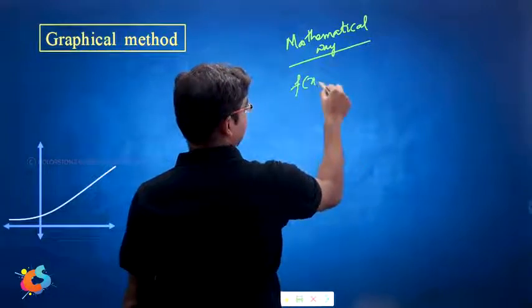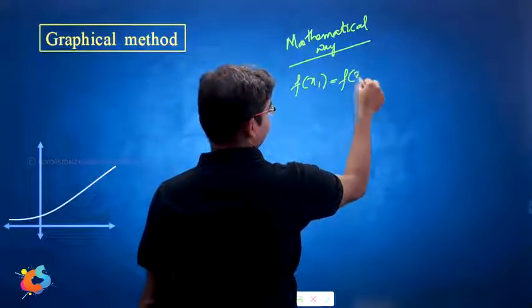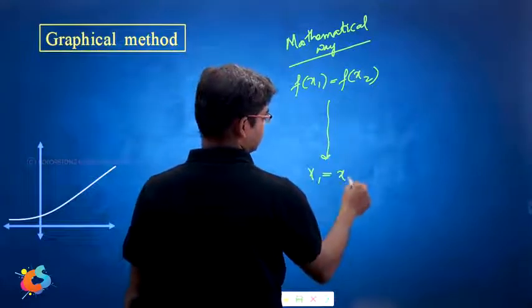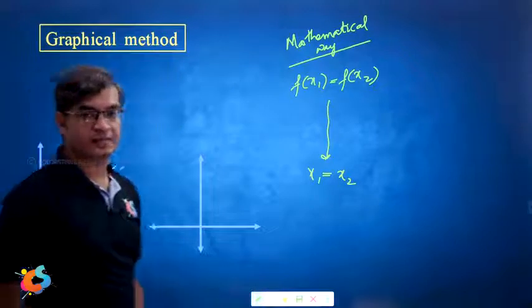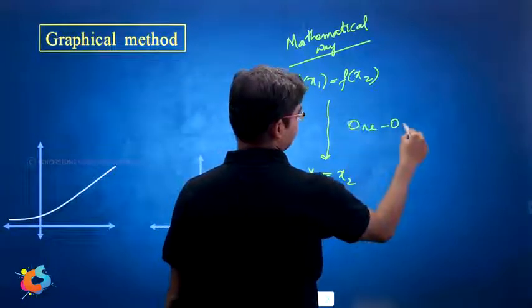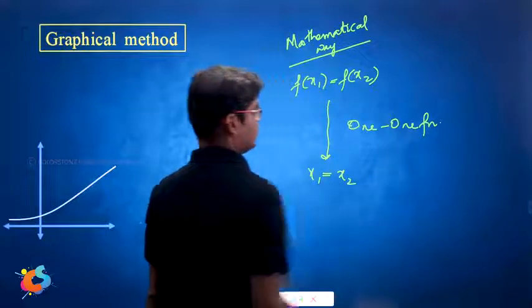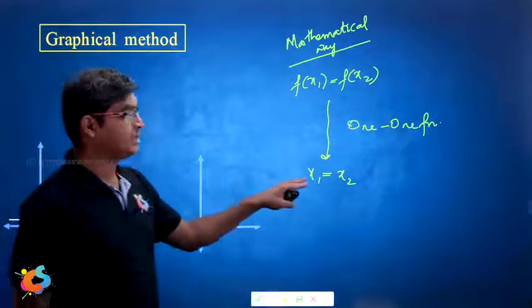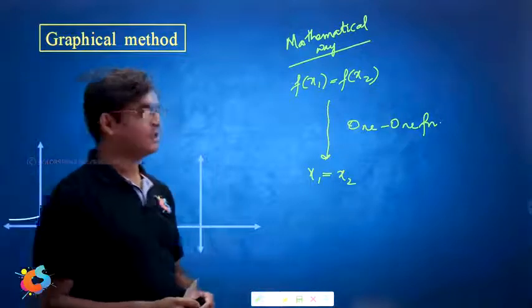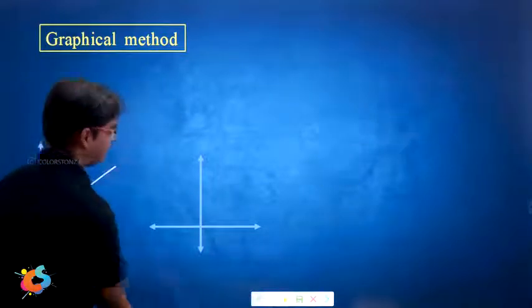Consider f(x1) is equal to f(x2). If the images are same, then if you prove that the elements are also same, then you have proved that this is a one-one function. But if you are getting something else other than x1 is equal to x2, then it will be a many-one function. So now let us see the graphical method.